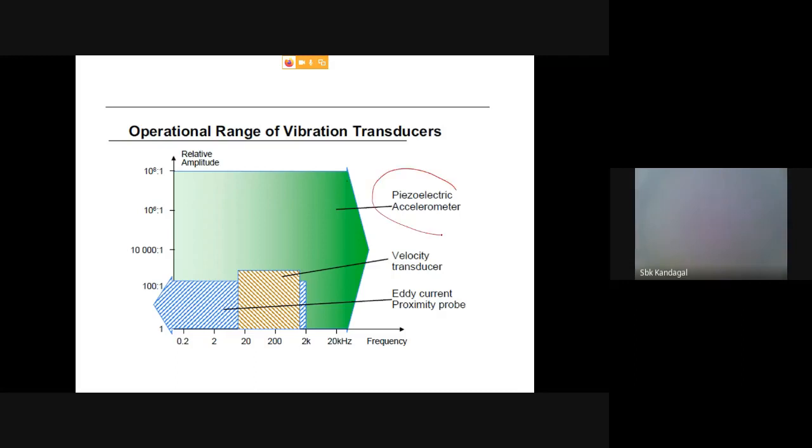A piezoelectric accelerometer has a wide bandwidth, from as low as 0.1 hertz up to 20 kilohertz. This is one important application of these piezo sensors.